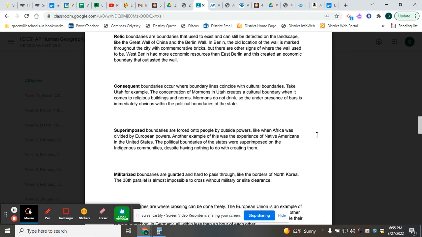Okay. Consequential boundaries occur when boundary lines coincide with cultural boundaries. Take again Utah, for example. The concentration of Mormons in Utah creates a cultural boundary when it comes to religious buildings and norms. Mormons don't drink, so the underpresence of bars is immediately obvious within the political boundaries of the state.